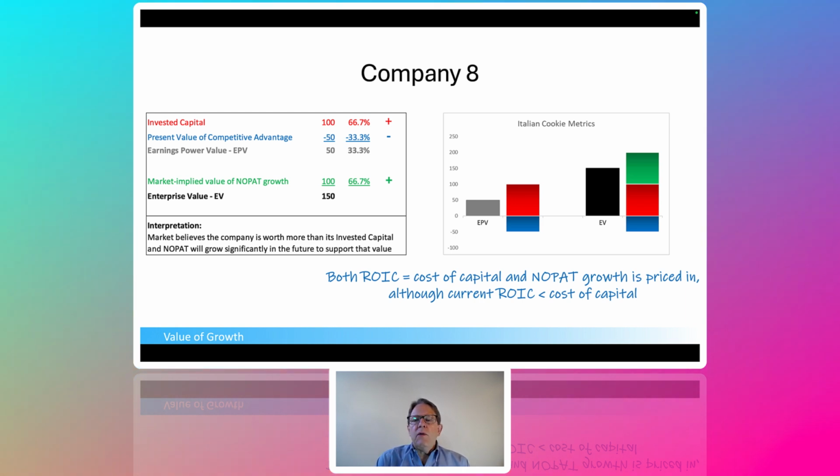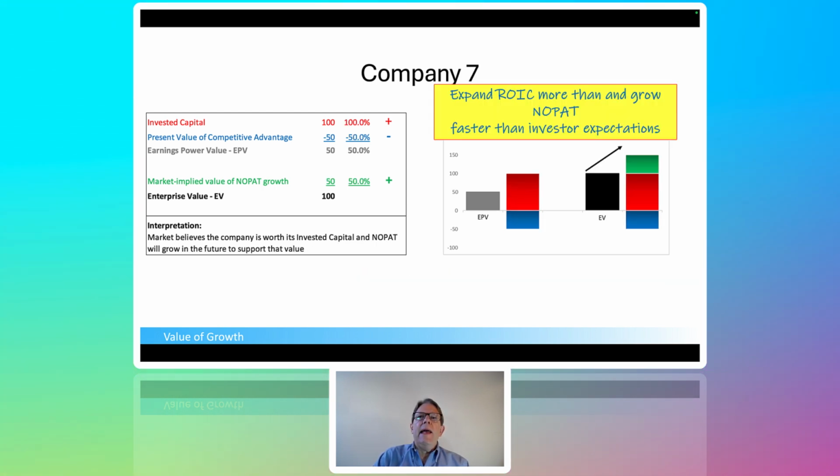Now on the right, what you'll see, this is similar to company 7. And that is you have positive green, but you have more green positive than you do negative blue. Whereas before, we can go back for a second, what you had was the positive green and the negative blue were identical, same amount, which basically said in company 7, the market's betting the company's return on capital will go back to its cost of capital.